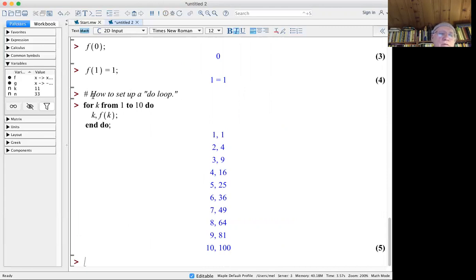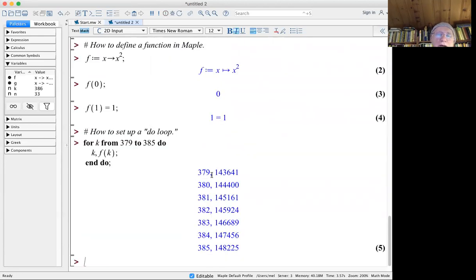I don't have to go from 1 to 10. I could go, I don't know, from 379 to anything I like, 385. And then here I have the numbers from 379 to 385, and they're squares.